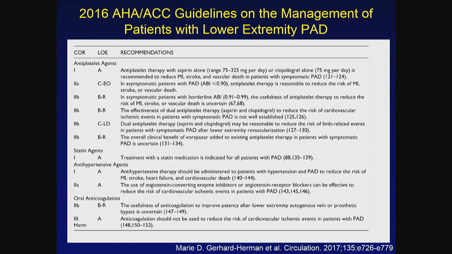Moving forward to the current American Heart Association and the American College of Cardiology guidelines for management of patients with lower extremity peripheral artery disease, published a year ago in 2017.